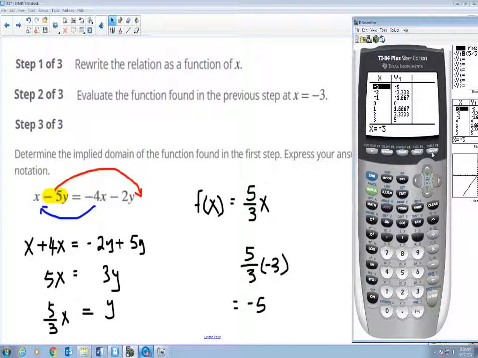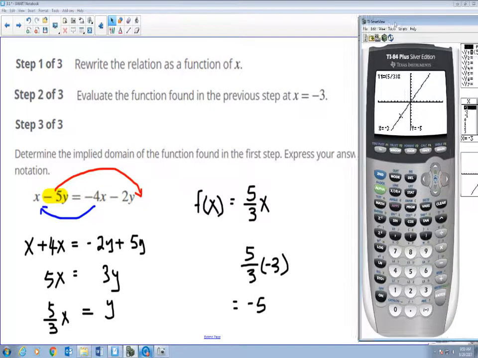Or another way is this. Press second calc. Choose number 1, value. This function in the calculator allows you to type in any x value and it will output a y value. So if I type in -3, my y value is -5. Any one of the 3 ways will work to evaluate a function.